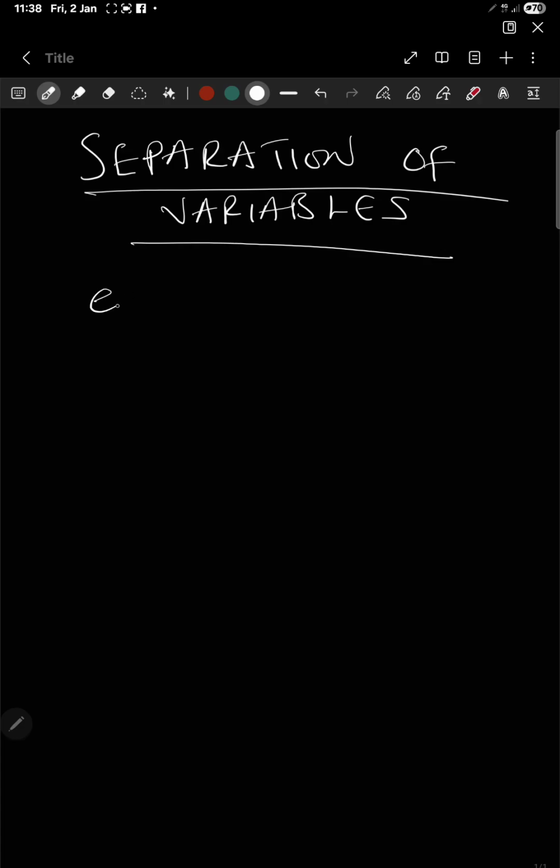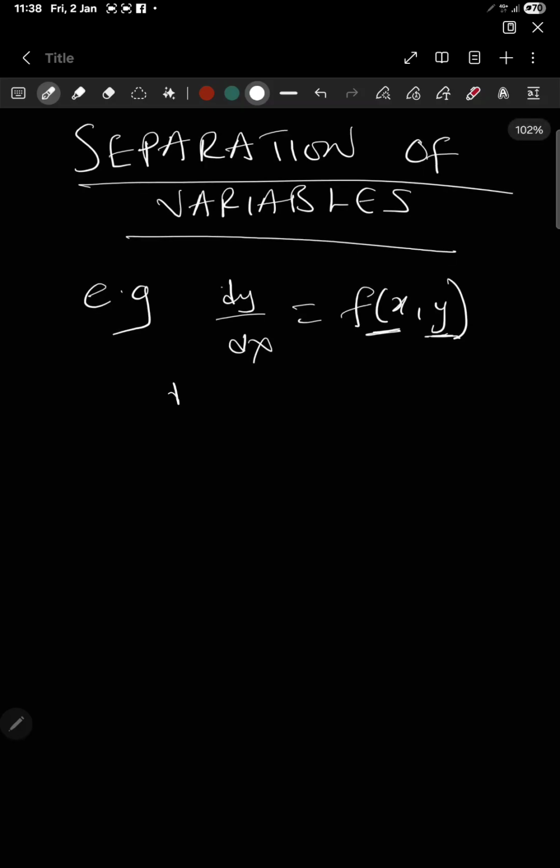So you can be given functions of this format: dy over dx is equal to f of x comma y, where you have a function of x as well as a function of y.